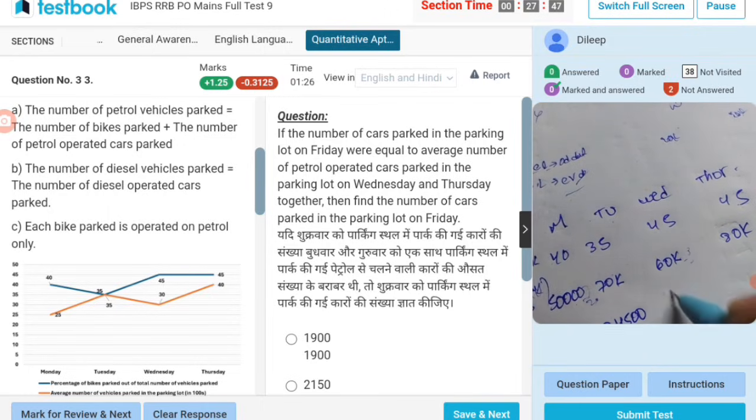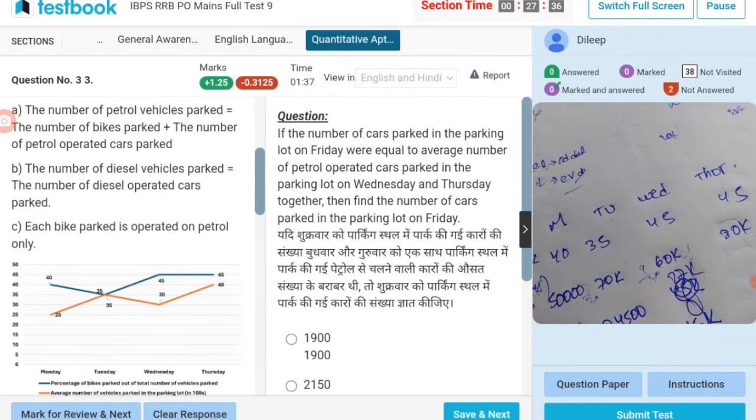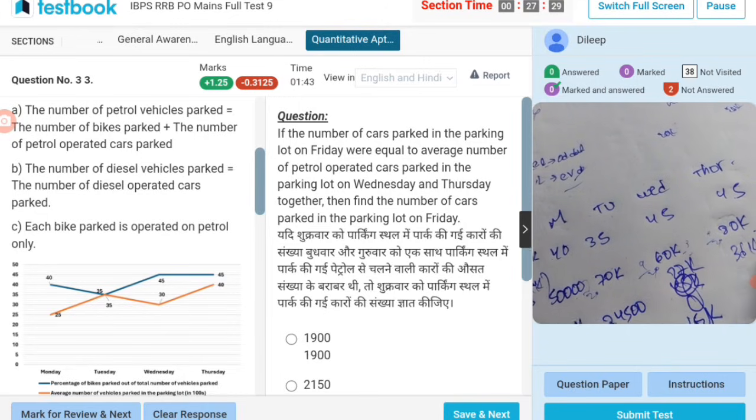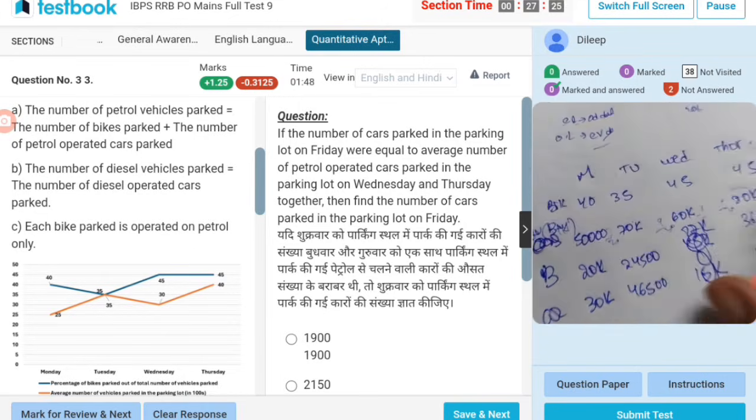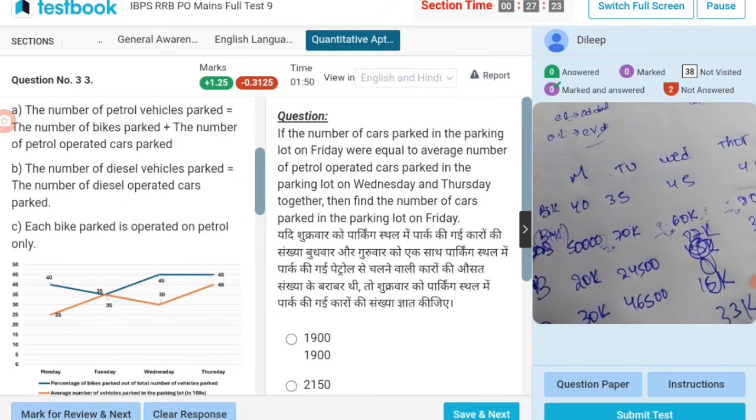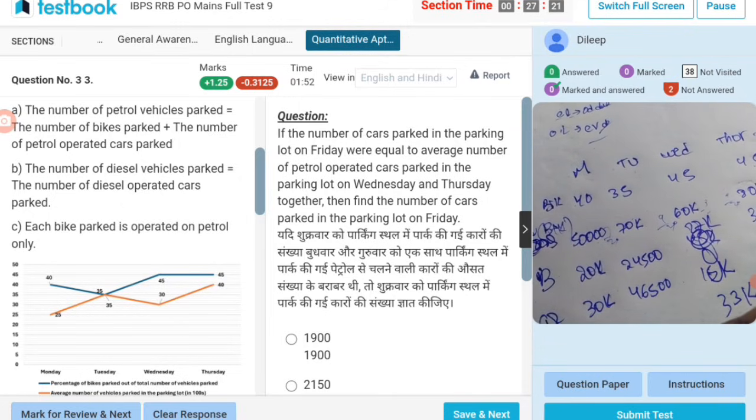And 45K. So 27K. So if the number of cars parked on Friday, average of petrol cars parked Wednesday and Thursday, 77.